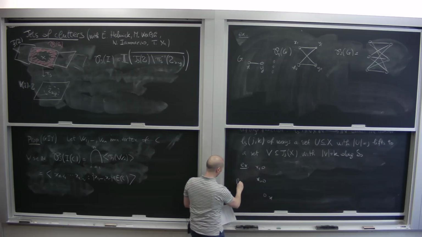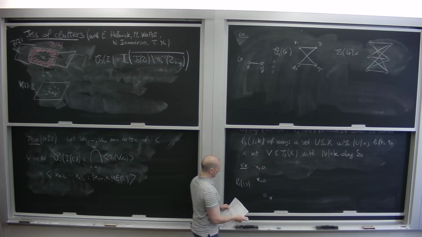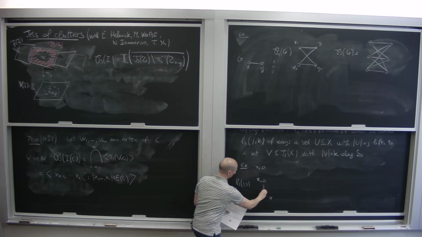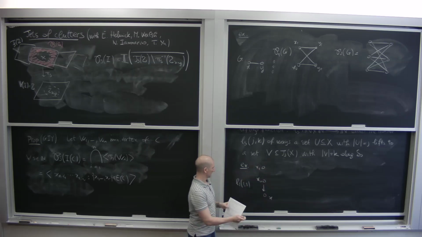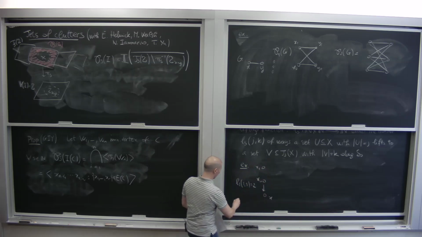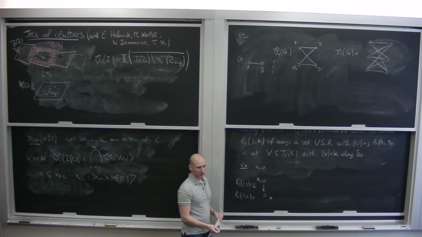So L1 of, what am I doing here? 1, 1 means that I have this, the map goes down here, right? So I have one single point over here. I want to count in how many ways I can lift it to 1 point over here. So 2 ways. Right? But what if I have a point down there and I want to lift it to a subset of cardinality 2? Then I have to take both. So there's only 1 way.